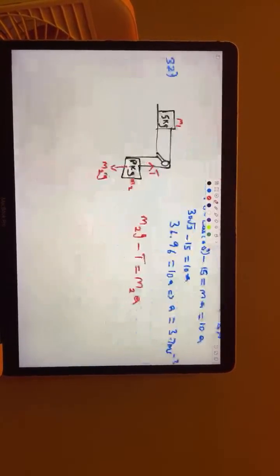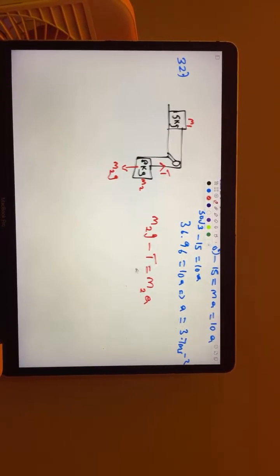How did I get my resultant force here? There are two forces acting in opposite directions, M2G and tension. Because we consider the favorable side to be the M2G side, the weight of this mass, we make it positive and we make T negative. If this object were being pulled up, we would have said T minus M2G equals M2A. Anyway, resultant force is always equal to mass times acceleration, like I've taught you.